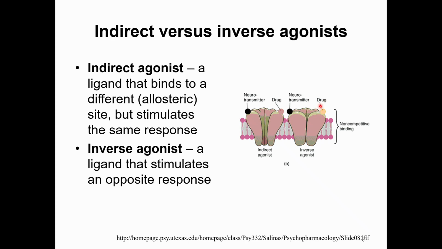When the inverse agonist binds here, it has a negative response, whereas the neurotransmitter, the endogenous ligand, is trying to activate. Inverse agonists are really weird. They're kind of the opposite of an agonist, but they're different than an antagonist because they're binding at this allosteric site. And that's the distinction.